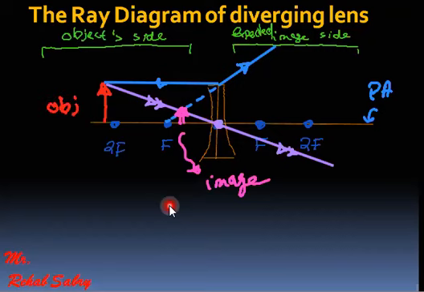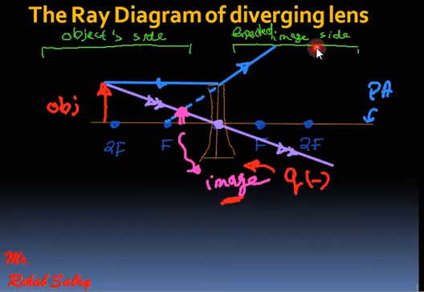Someone may say, Mr., but the image here is formed on the side of the object. Yes, so its Q, the image distance, will be negative, because it's not on its normal or expected side. What are the characteristics of the image?